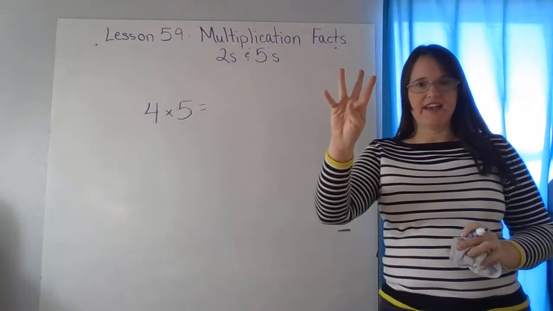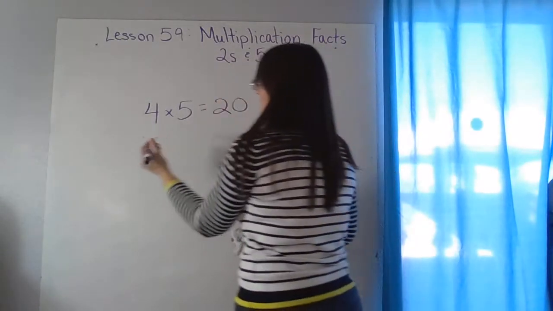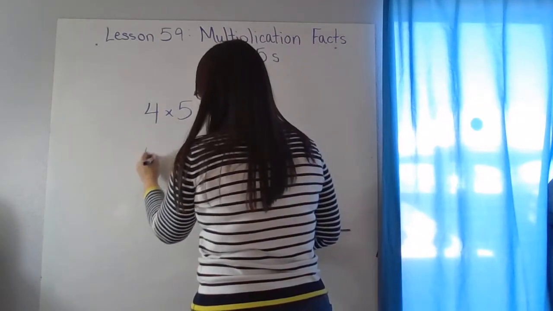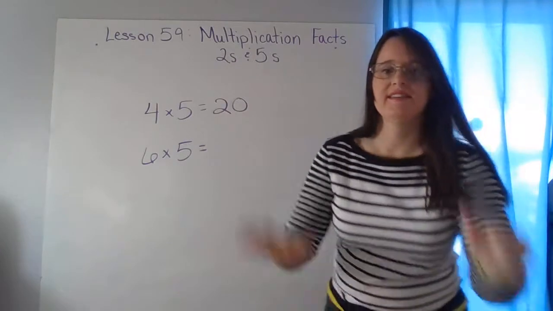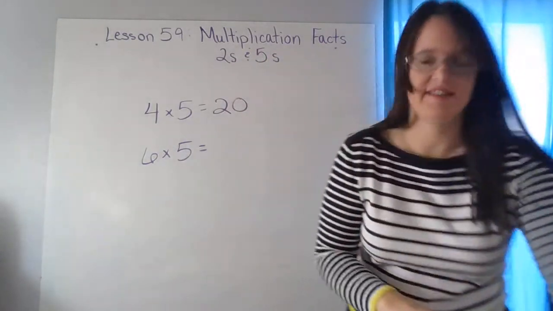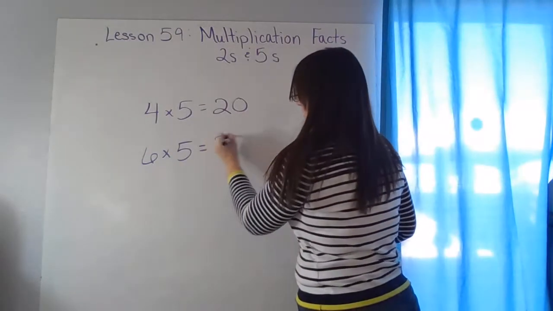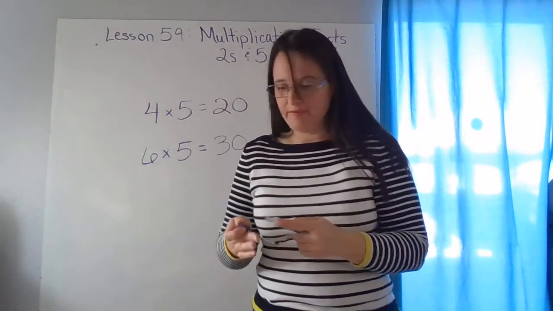Count by 5s, 5, 10, 15, 20. How about 6 times 5? 5, 10, 15, 20, 25, 30. Pretty simple concept there, okay?